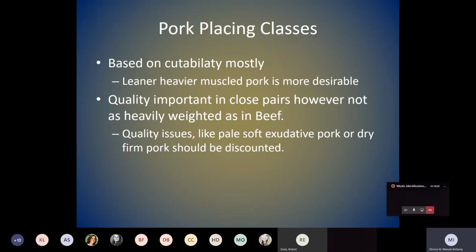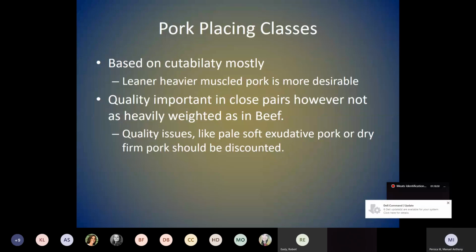What we don't want in pork is pale, soft, exudative, dry, any kind of defects that would cause them to bring less money. That's going to bring them down in a placing class. So that's kind of how we'll go through the pork classes.